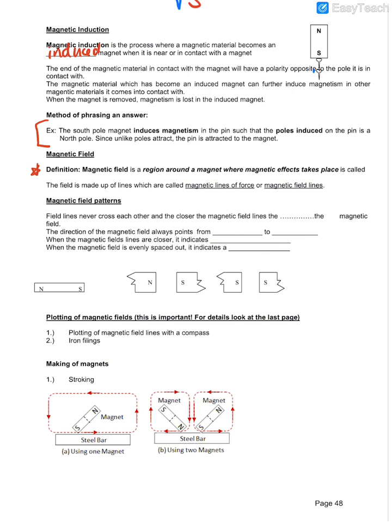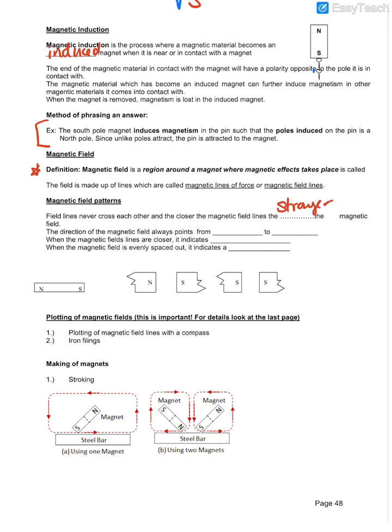Okay, made out of magnetic field lines or lines of force. So the field lines never cross each other. When you draw, they shouldn't cross. And the closer the field lines, the stronger the magnet, obviously, right?